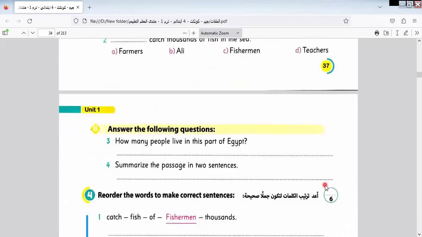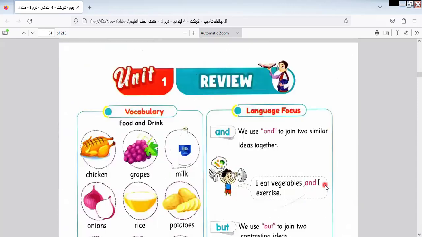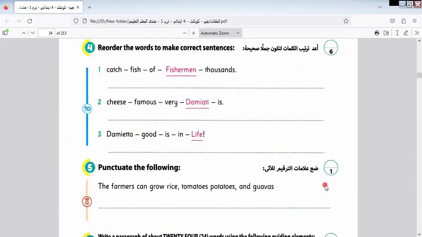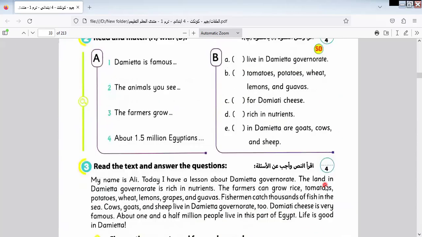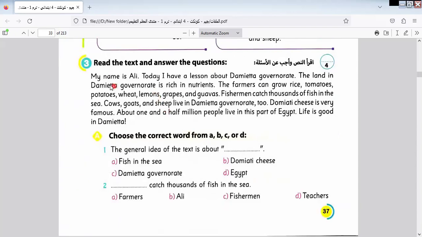Let's read the text and answer the questions below. My name is Ali. Today I have a lesson about Domyat Governorate. The land in Domyat Governorate is rich in nutrients. The farmers can grow rice, tomatoes, potatoes, wheat, lemons, grapes, and guavas.